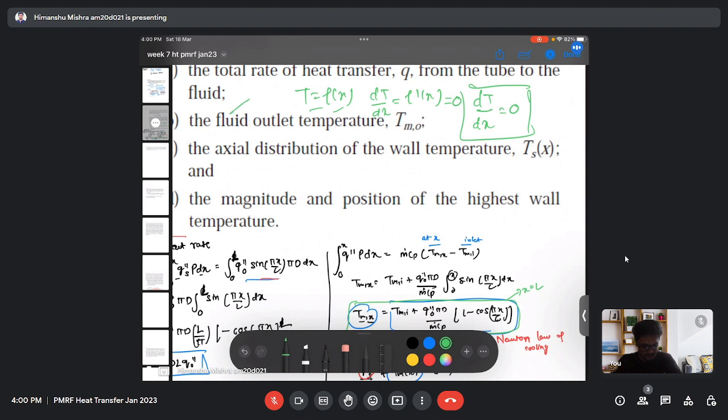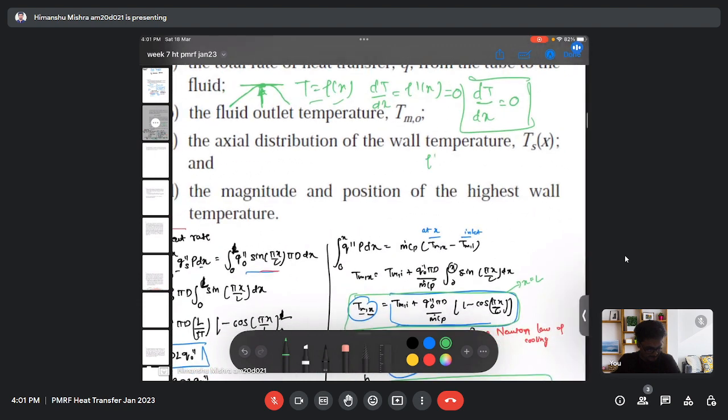So this is my temperature variation, and we can see that at this point the slope is 0, and this is my maximum temperature location, and the magnitude of the temperature is maximum here. So f dash x equals 0, and I can find the value of x, which is the location of the maximum temperature.